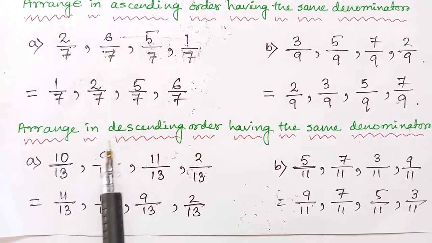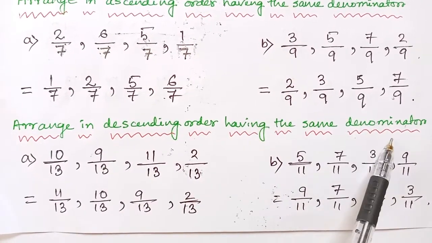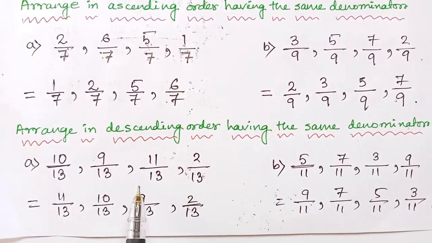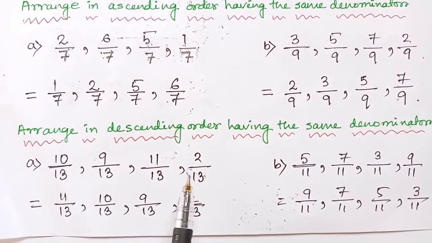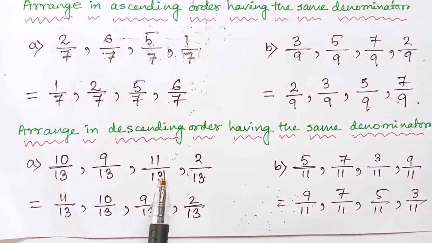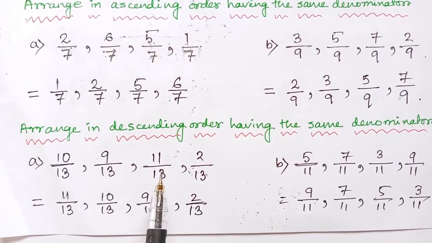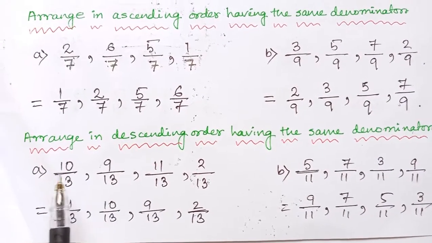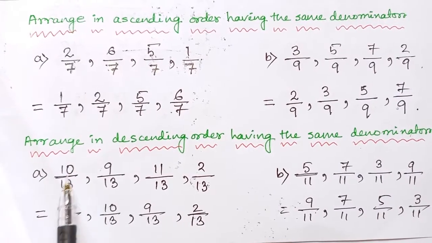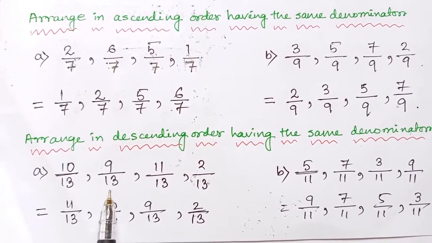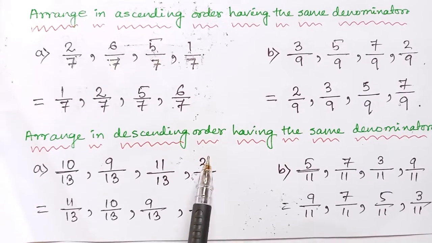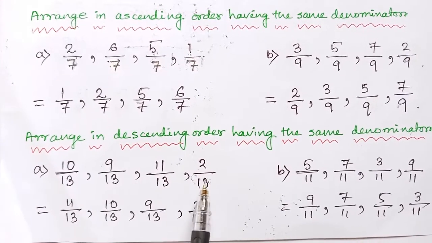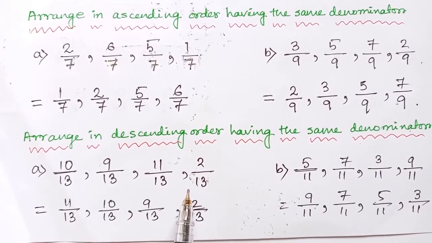Come to arrange in descending order having the same denominator. As I said earlier, when all the denominators are same, larger numerator will be the larger fraction and smaller numerator will be the smaller fraction. So example number A, 10 by 13, 9 by 13, 11 by 13, 2 by 13. All the denominators are same, that is 13.